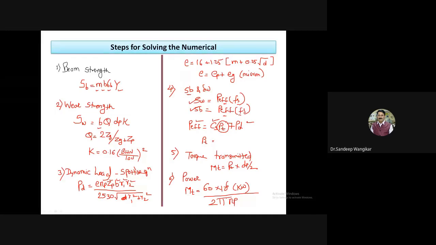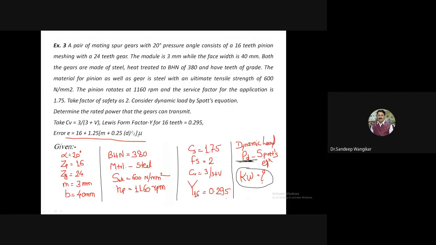So these are the steps we will be using for solving this, and I want to tell you that in this case, whatever CV is given is not required. I have already told you that this is surplus data. So what is this CV? It is not required. CS is required, but in the numericals we solved before, we used the formula P effective is equal to CS PT by CV. Here it is clearly mentioned to solve by using Buckingham's equation.